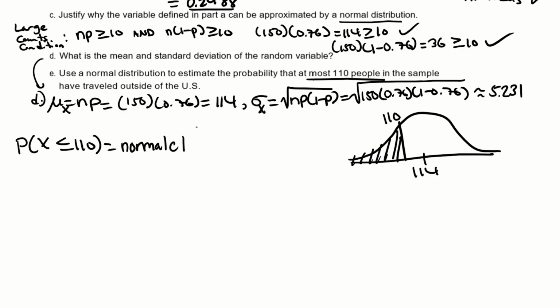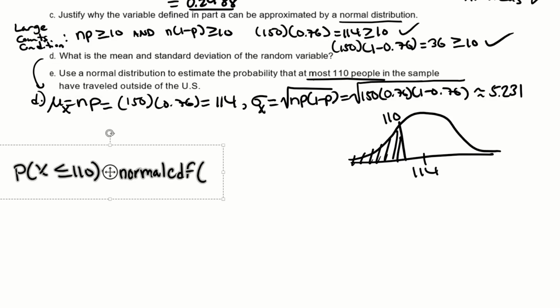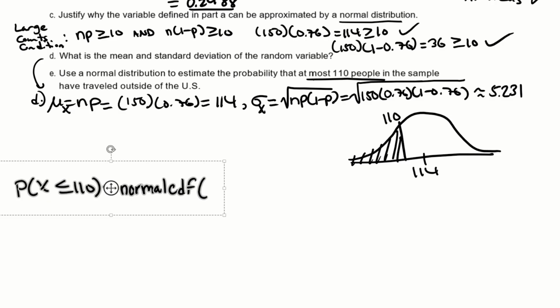And remember, you need the lower limit. Let's actually, I'm going to lasso this and put this down here because I'm writing kind of big. All right, let's do that. Normal CDF, the lower limit is negative infinity, right? Because it's a big negative number, so negative 10,000.